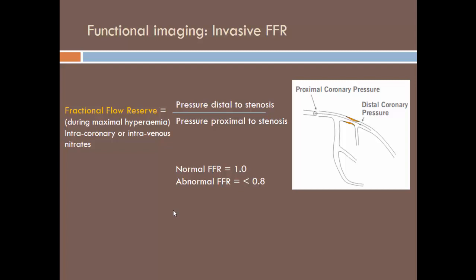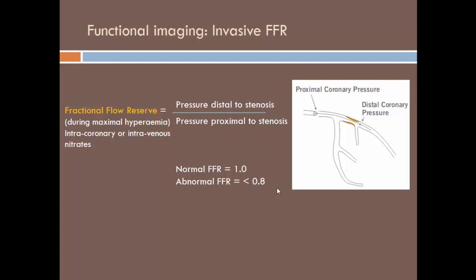The way it's done is by introducing a pressure wire into the coronary artery through the stenosis, and assessing the pressure distal to the stenosis, comparing it to the pressure in the aortic root proximally under maximal hyperemia, by injecting adenosine either into the coronary artery or intravenously. Normally the FFR should be 1, but if it is less than 0.8, that stenosis is supposed to be functionally significant.